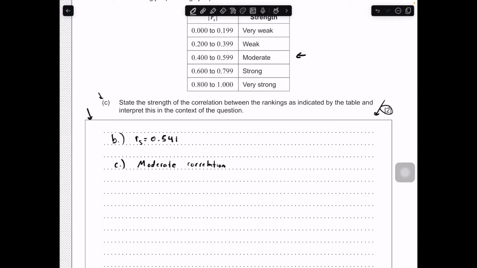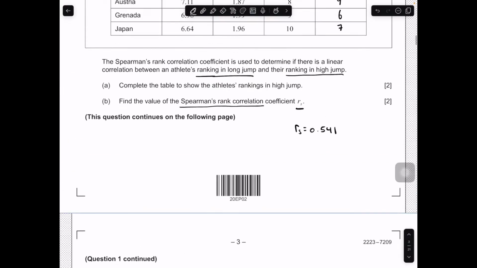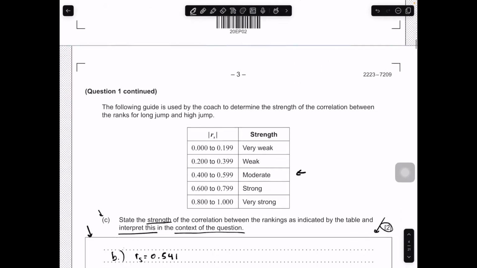So for C, we would say it's a moderate correlation, but quite important in this question, it's a 2-mark question. State the strength of the correlation between the rankings and interpret this in the context of the question. So we would say moderate correlation between long jump rankings and high jump rankings.